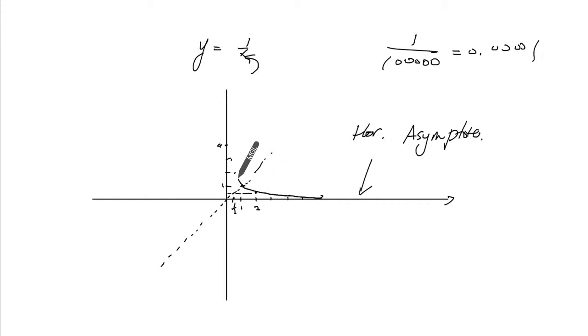So this is going to approach upwards. It's also going to approach the line here, which is the y-axis. This is also an asymptote because the function is approaching it. And it's called, of course, not horizontal, but vertical asymptote.